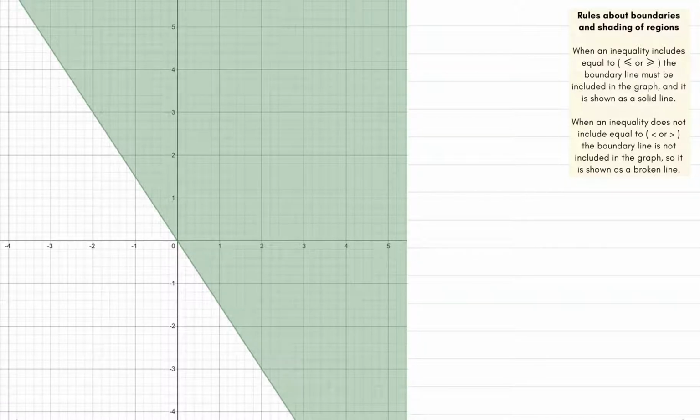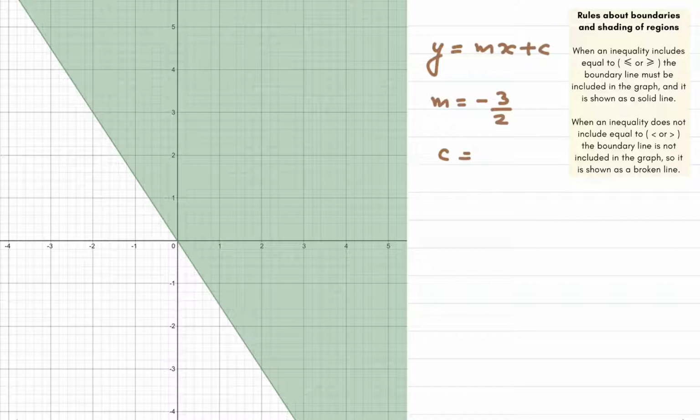In this question, we have a line which is a solid line. Once again, let us find the gradient of this line, which is negative 3 over 2, and c, the y-intercept, is 0.